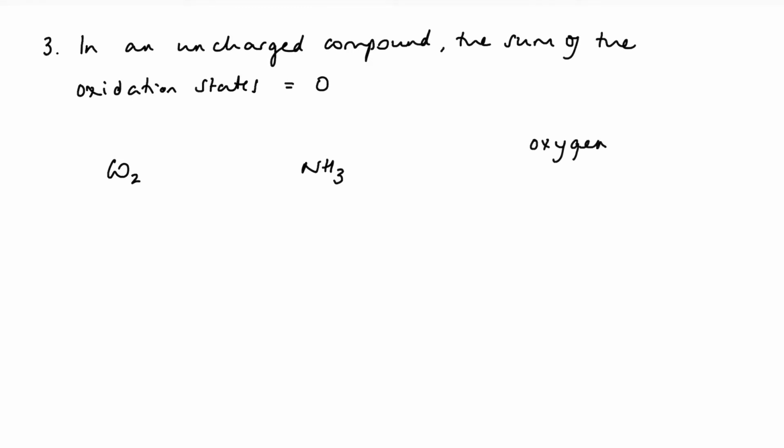Oxygen nearly always has an oxidation state of -2. And hydrogen nearly always has an oxidation state of +1. I'm going to come on to a couple of exceptions towards the end of this video. The third one is fluorine, which does always have an oxidation state of -1, regardless of what it is bonded to. So this is our starting point.